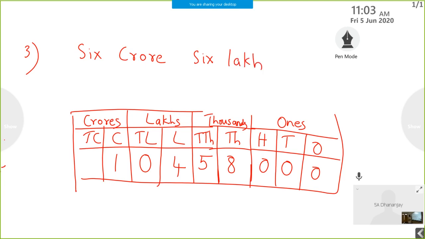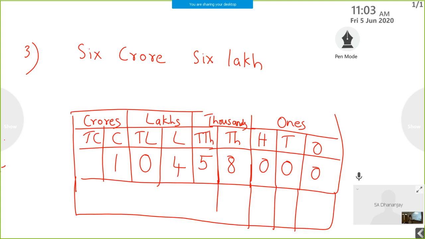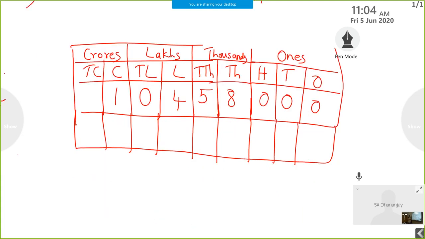How do we write 6 crore 6 lakh as the numeral? In the crores place we have only 6.